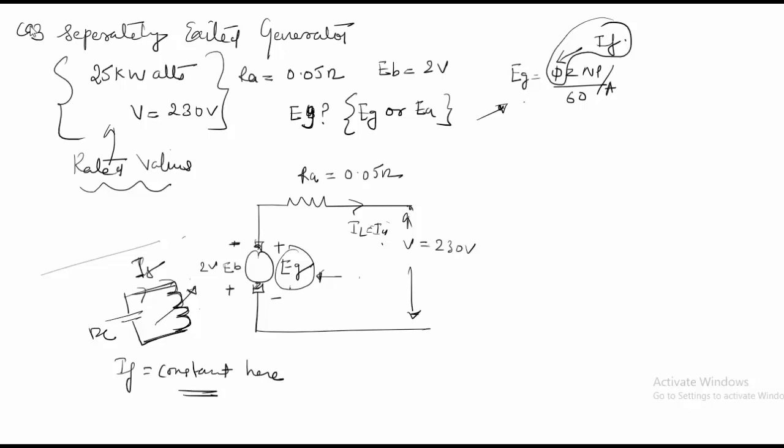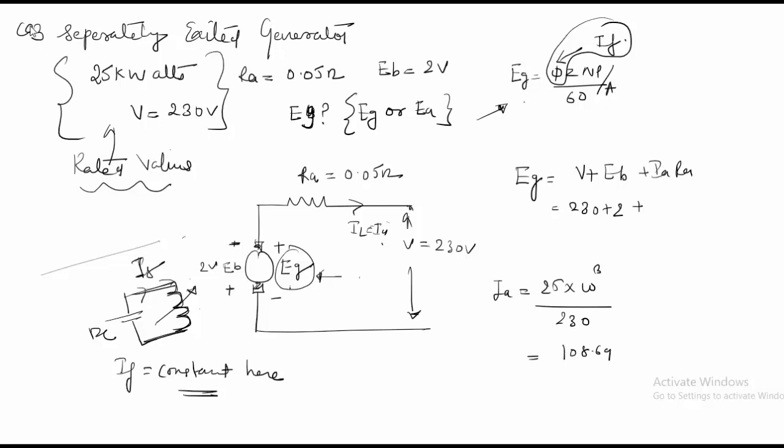So based on this it can be found out that EG is equal to V plus EB plus IA RA, which is equal to 230 plus 2 plus my IA, which is 25 into 10 raised to 3 divided by 230, which comes out close to 108.69, and which is 108.69 into RA, which is equal to 0.05.